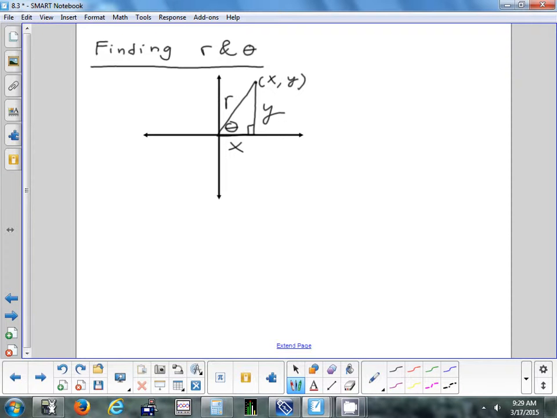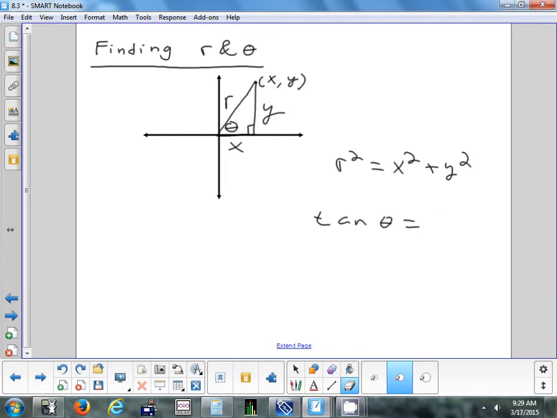Okay, and then to find theta. Which trig function could you use to find theta if you know x and y? Would you use sine, cosine, or tangent? Yeah, you'd use tangent. Tangent is opposite over adjacent. And that wouldn't give you theta directly, but it would give you tangent of theta.